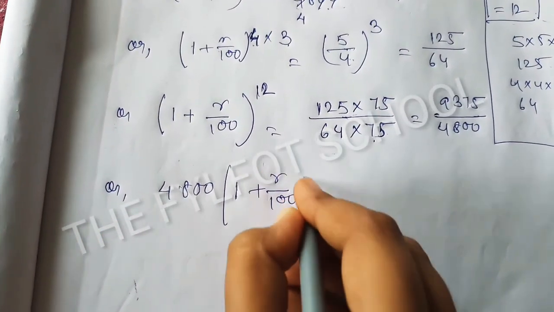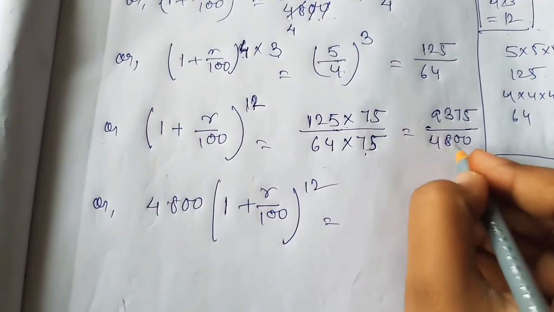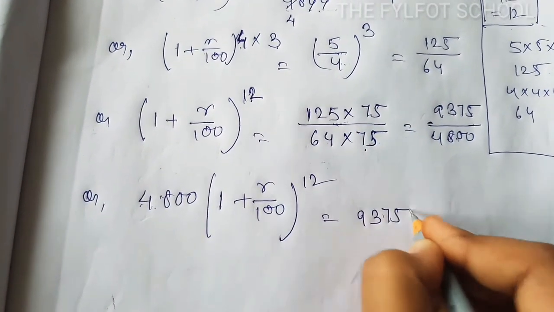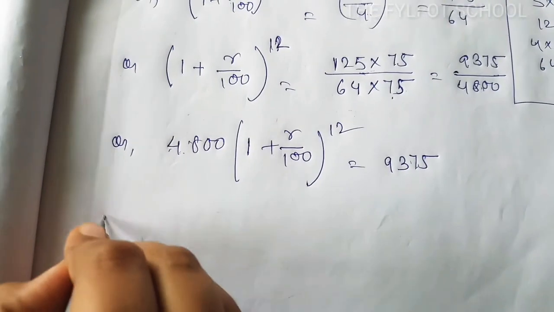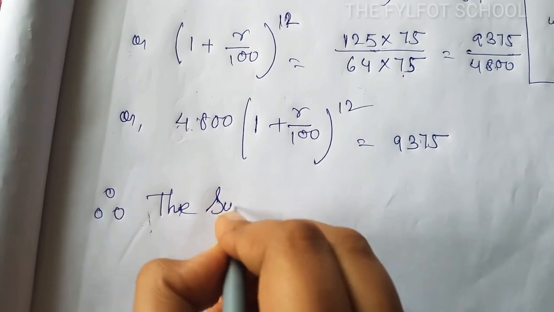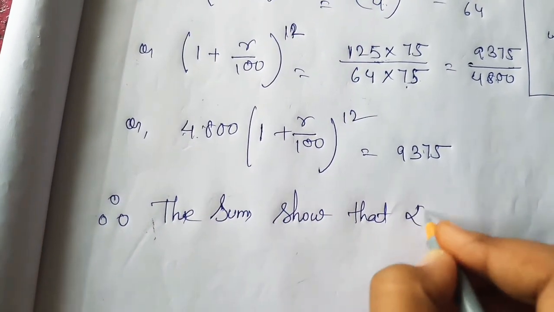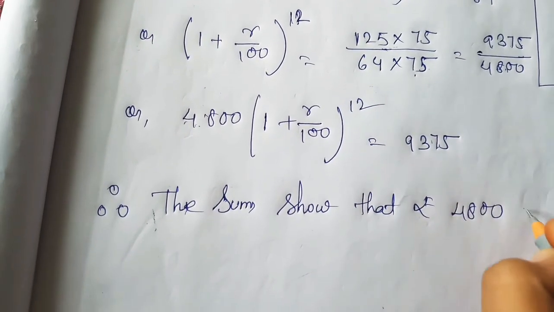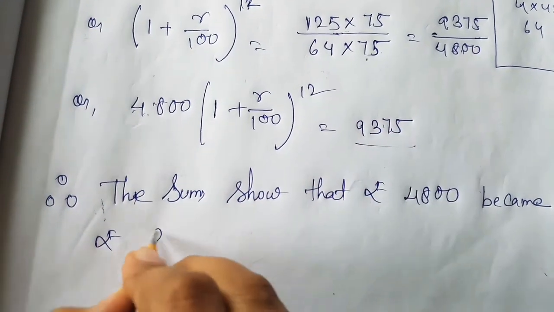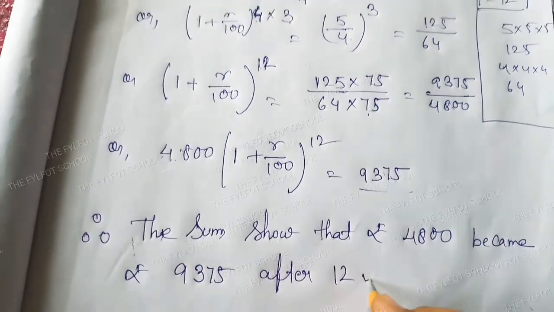As it remains, 12, our time, equals 9375, because we put this one here. So this is our answer. So what was the statement? The sum of rupees 4800 became rupees 9375 after 12 years.